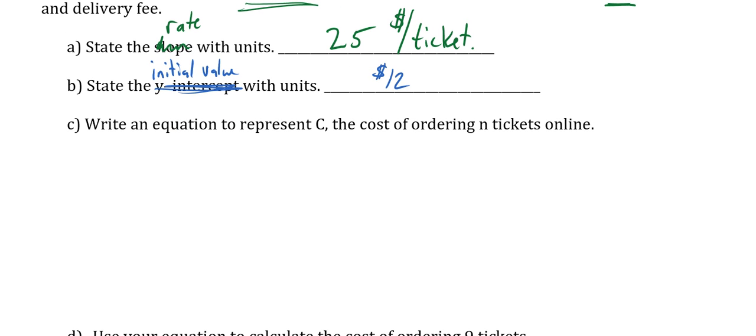Now we're going to write an equation to represent C. So I'm going to get C equals the $12 one-time fee plus ordering N tickets online. So that's 25 times N. So $25 per ticket. If I buy 10 tickets, it's 25 times N plus just the $12. Now here we go.